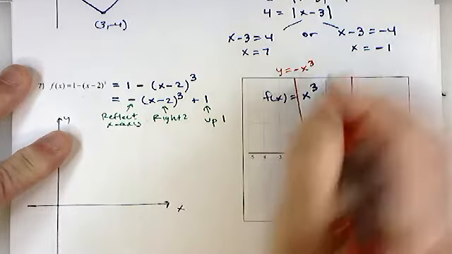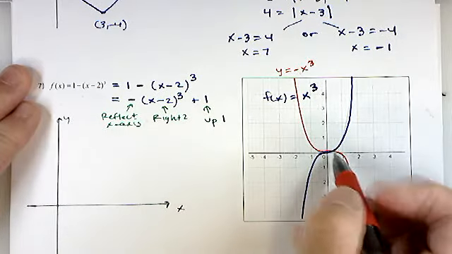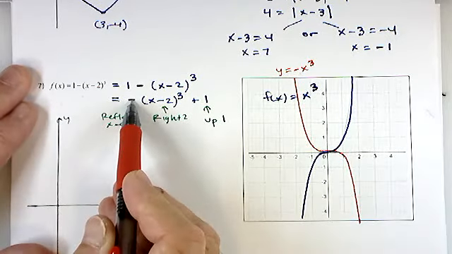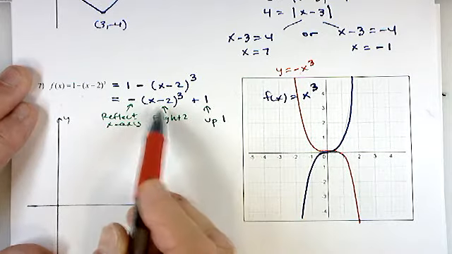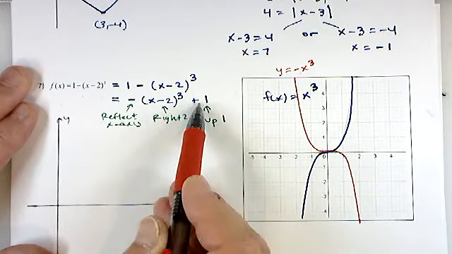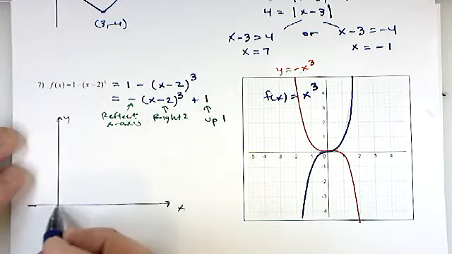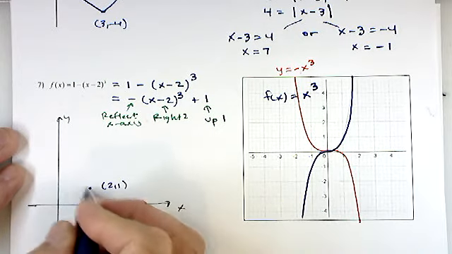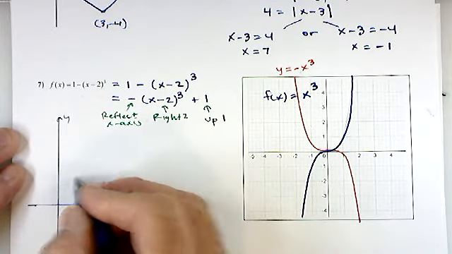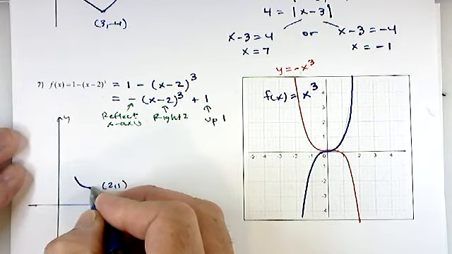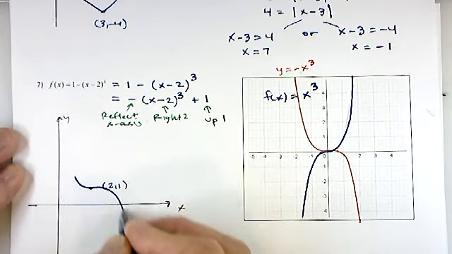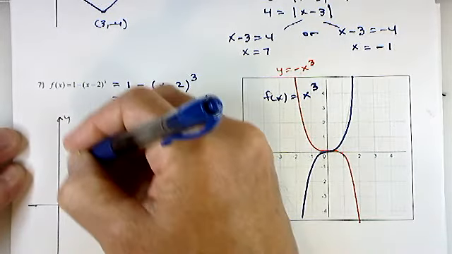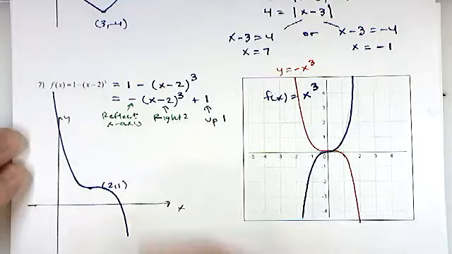That would be an x cubed graph reflected over the x-axis. So that's what we have going on here. It's going to look like this red graph, but then it's going to get shifted over 2 and up 1. Over 2, up 1. Let's call this 2, 1. And that's where my flat part is, right? Like the x cubed graph is going to get flat right here, and then keep going down and keep going up this way.